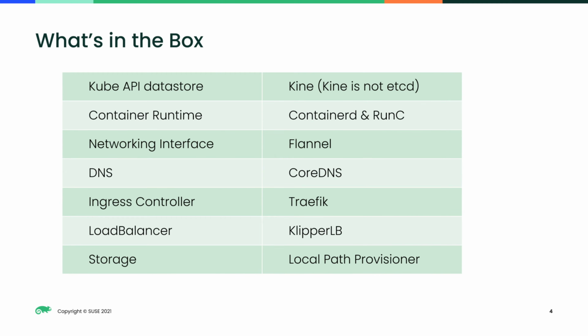For the ingress controller layer, we have chosen Traefik. Just like with most of the other components, you can disable Traefik and instead use Nginx or Ambassador or whatever ingress you would prefer to use. But Traefik does come supported out of the box.